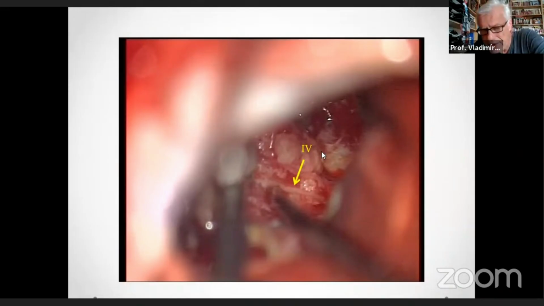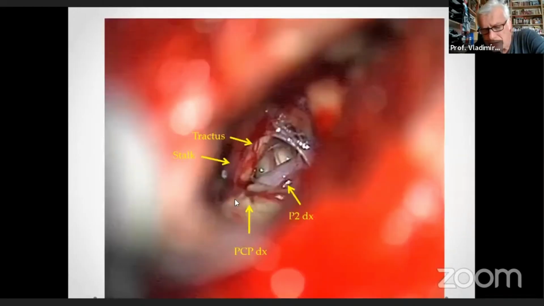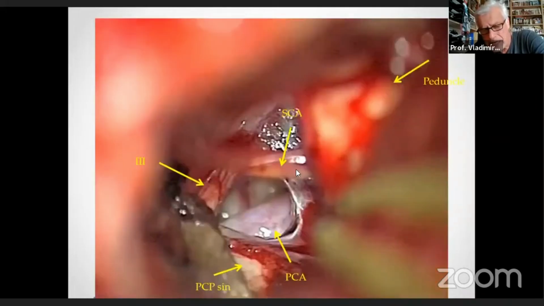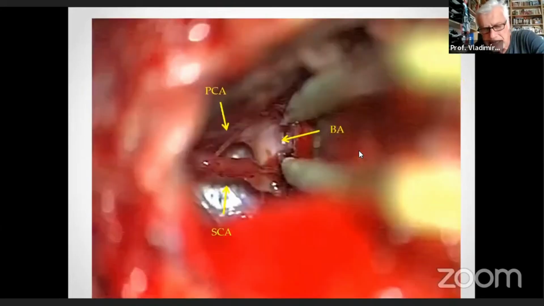So here we are in the ambient cistern, and we are going forward to the interpeduncular cistern. This is the opposite side, P2. Here are the remnants of the arachnoid on the opposite side, tractus and pituitary stalk, posterior clinoid. The same on the ipsilateral side: posterior clinoid, posterior cerebral artery, the third nerve, and the superior cerebellar artery running towards us.